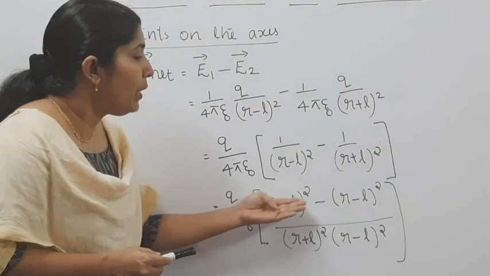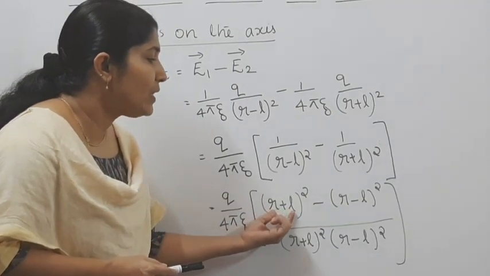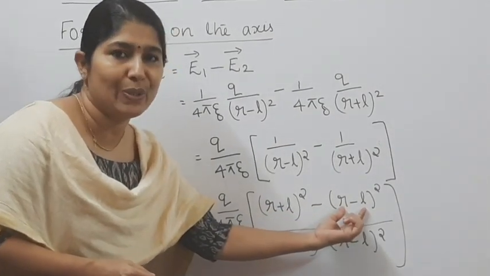Now we want to expand (a plus b) the whole square and (a minus b) the whole square.